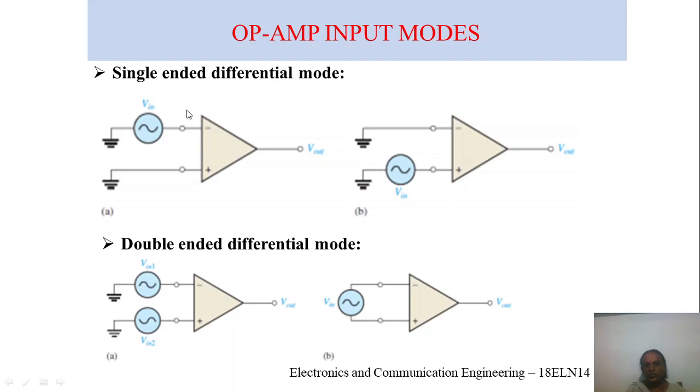If I am going to give the input to the inverting terminal, then the non-inverting terminal will be grounded. In the other way, if I give the input to the non-inverting terminal, the signal generator positive polarity should go to the op-amp and negative should go to ground.